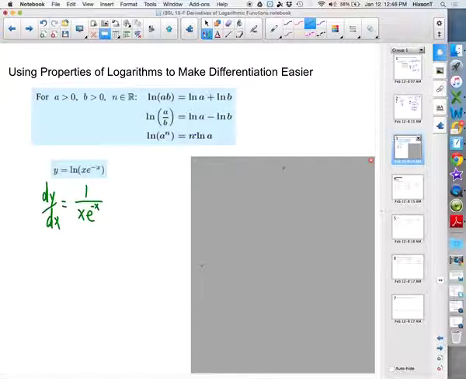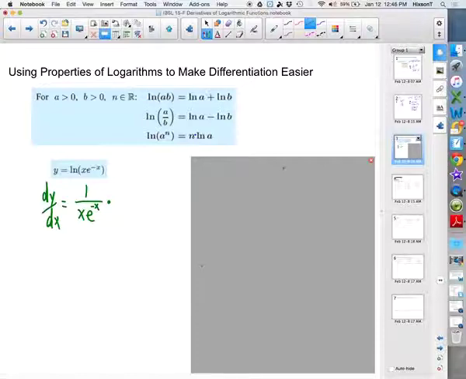Then we have to multiply by the derivative of what's in there. What am I going to have to do to get the derivative of the inner function here? Yeah, we'd have to do the product rule, and even in the product rule, we're going to have to use the chain rule.